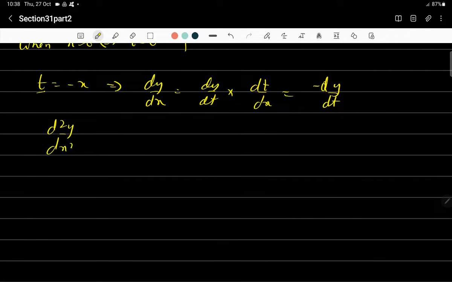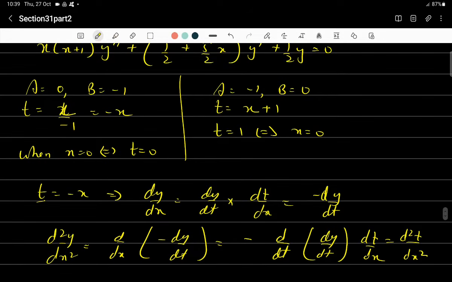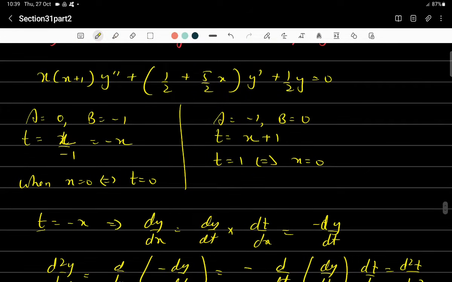Now d2y by dx square is d by dx of minus dy by dt, which is minus d by dt of, I use the chain rule and I wrote d by dx as d by dt times dt by dx. Now dt by dx is minus 1, so this becomes d2y by dt square. Now I substitute the values of x, y dash and y double dash into this equation.